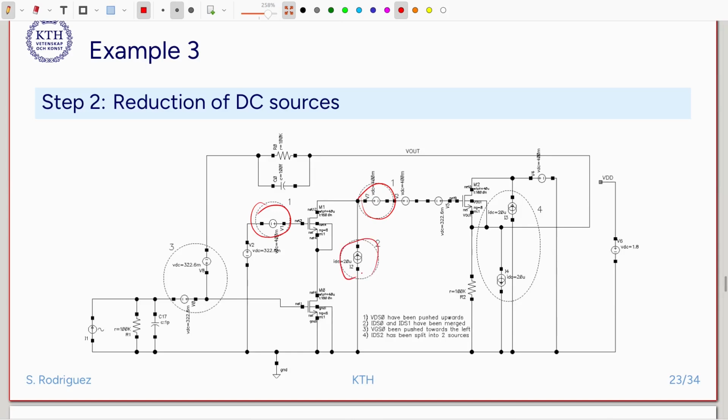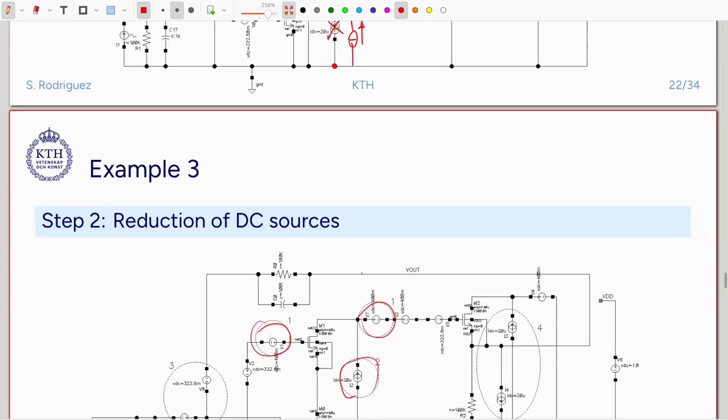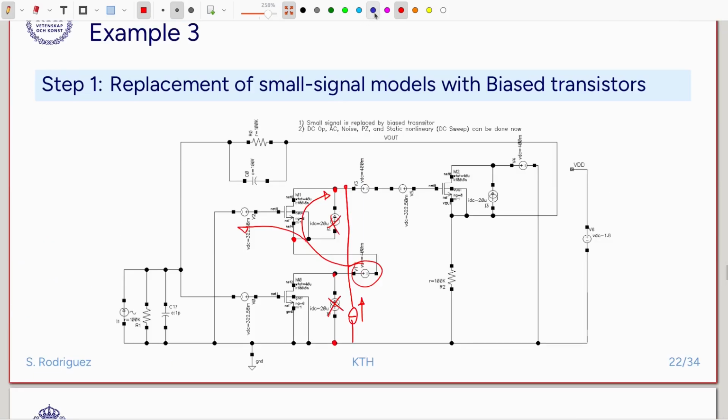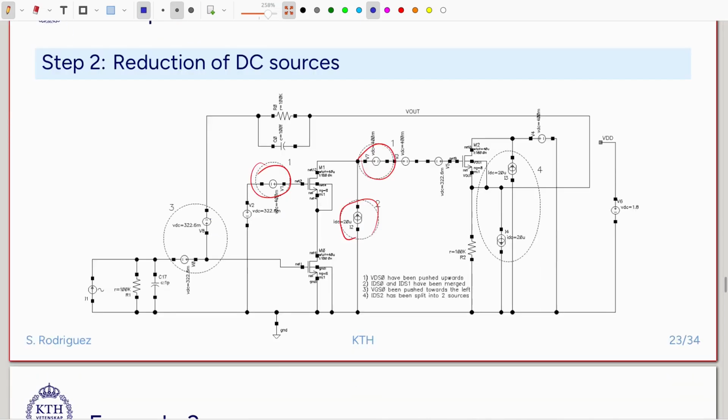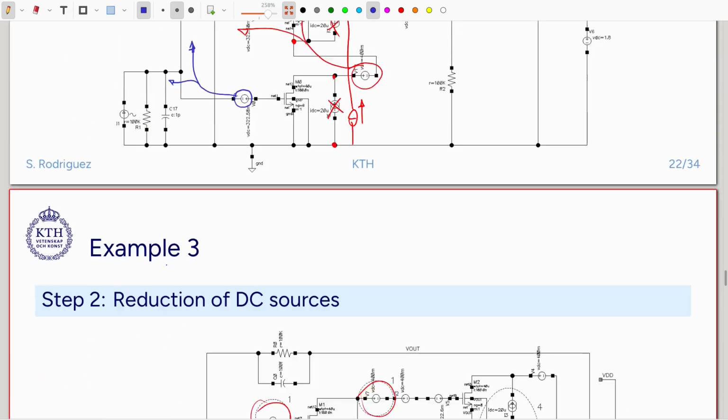Number 3, VG0 has been pushed toward the left, so then we have this voltage source. I will push in this direction and in this direction. Okay, so if I push in this direction, then we will appear here and here. And IDS2 has split in two sources. So IDS2 is at the output.